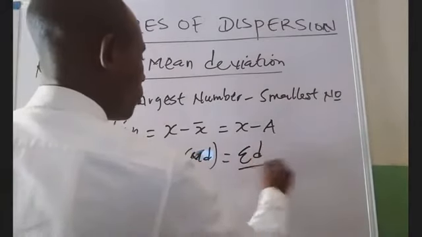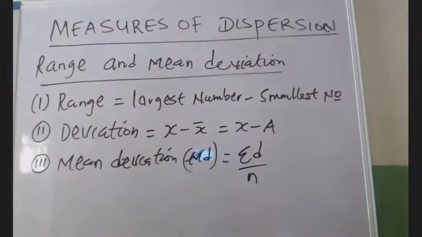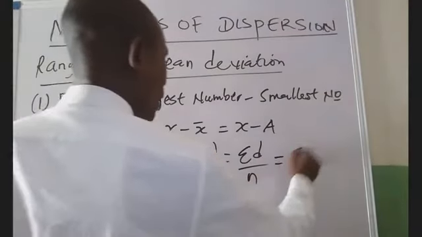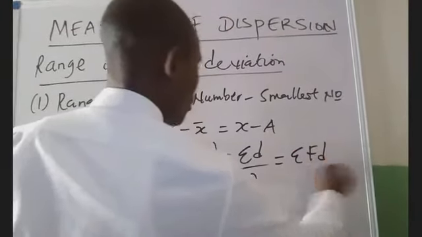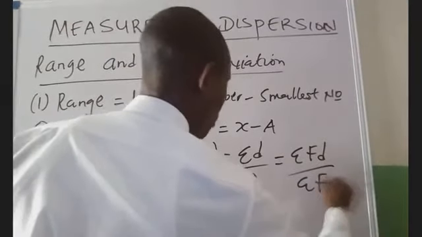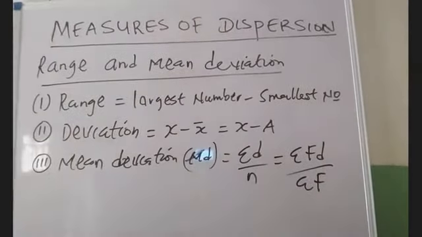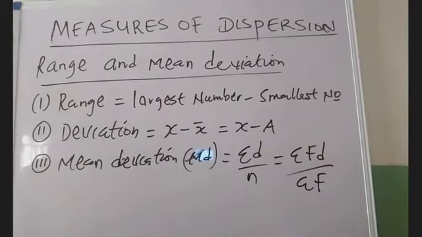Sum of deviation over n. And when you involve large data, we say it's the same thing as sigma fd over sigma f, when it involves large data. So we'll take some examples.